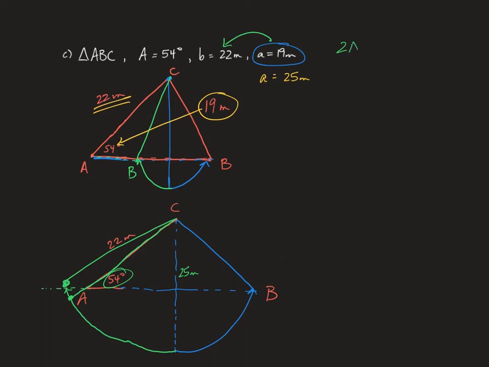Therefore, two triangles. However, when I changed that information and I made side A larger than the other given side, then I can't swing that side in both directions. I can only swing it out, therefore, one triangle.